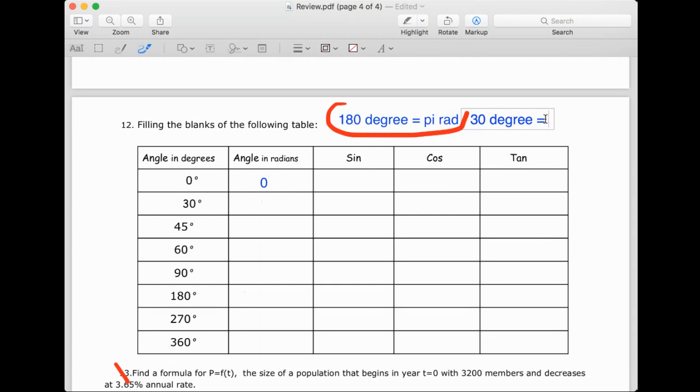So that means it equals pi over 6. Basically, we divide by 6 on both sides. On this side we get 30, and on this side we get pi over 6. Do you see that from this equation? Okay, so 30 degrees equals pi over 6. But let's see 45. If we do 180 divided by 45, what do we get?